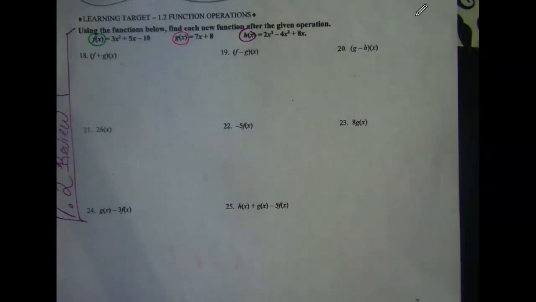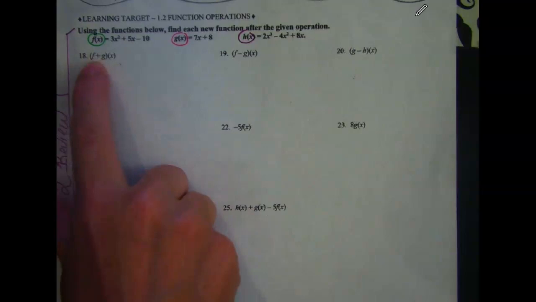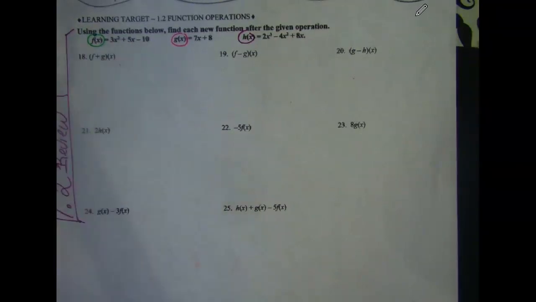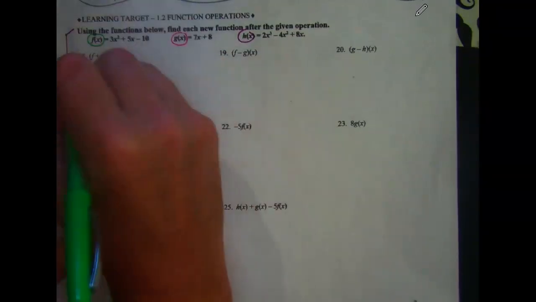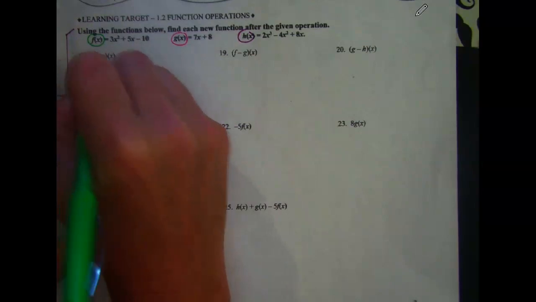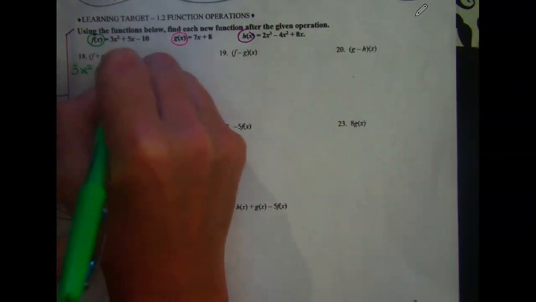You don't have to do it in colors. You know I like to color code things. Just makes it a little bit easier for me visually. So this first one, pretty straightforward because it's an addition problem. So I'm going to write my function f. So that is 3x squared plus 5x minus 10.